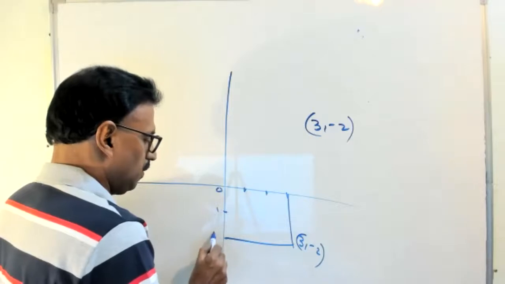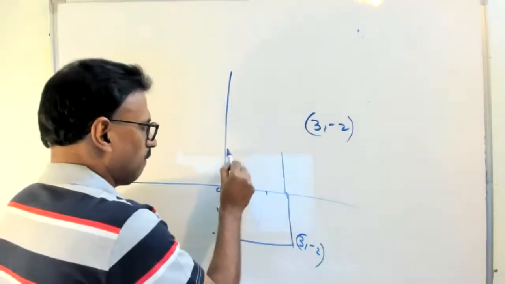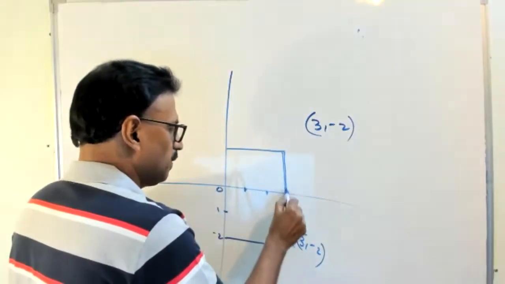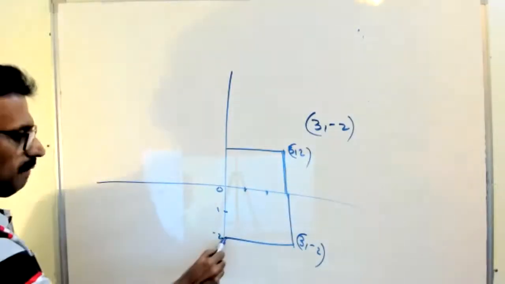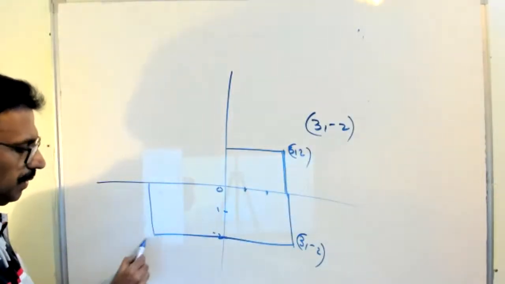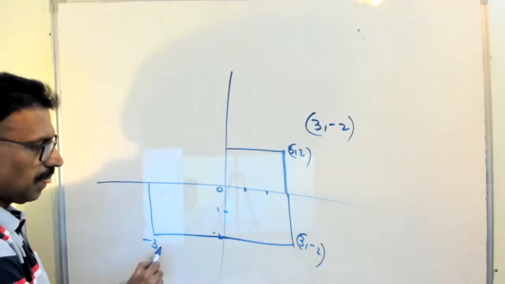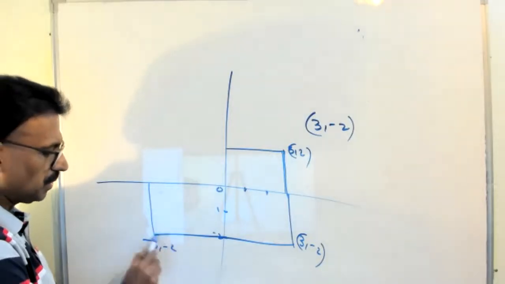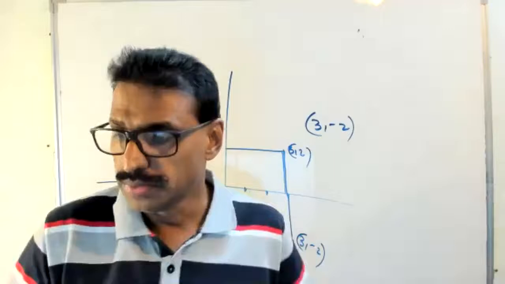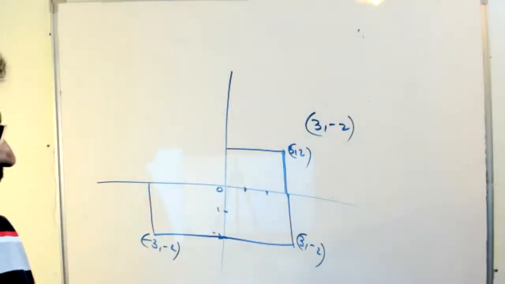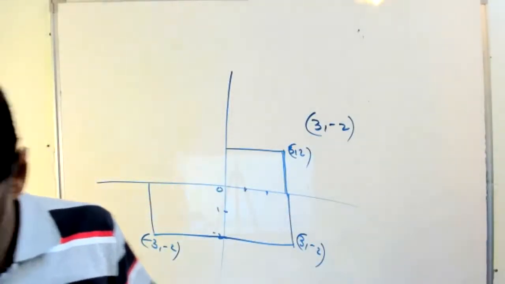So this point is 3, 2. Then here, what is that point? Minus 3, minus 2. Correct or not? The answer is 3, 2 and minus 3, minus 2. I hope it's clear now.